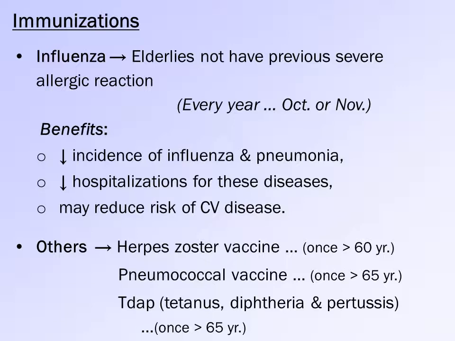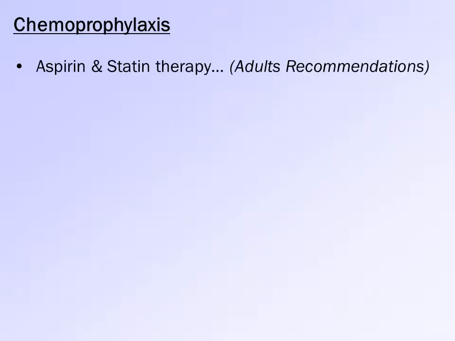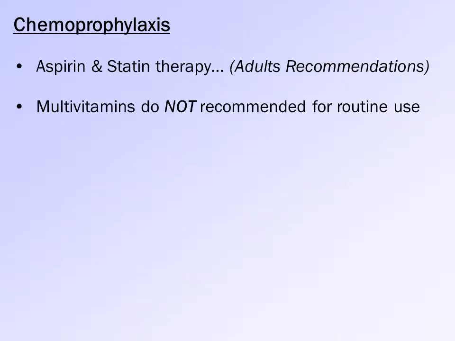Other vaccines include the herpes zoster vaccine once for those more than 60 years, pneumococcal vaccine once for those more than 65 years, and tetanus, diphtheria, and pertussis once for those more than 65 years. For chemoprophylaxis, aspirin and statin are as discussed in the adult recommendation, and multivitamins are not recommended for routine use.